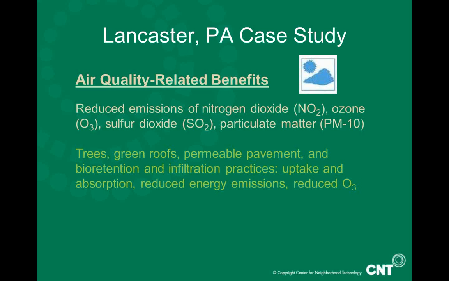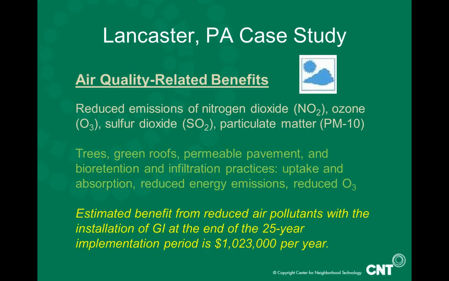It's going to reduce the energy emissions as a result of that, having less water in the system. And so there are many indirect and related benefits from different kinds of green infrastructure, even in the air quality category. And so ultimately, running the numbers on the air quality side, we came up with over $1 million a year in benefits from the reduction in emissions of those air pollutants.